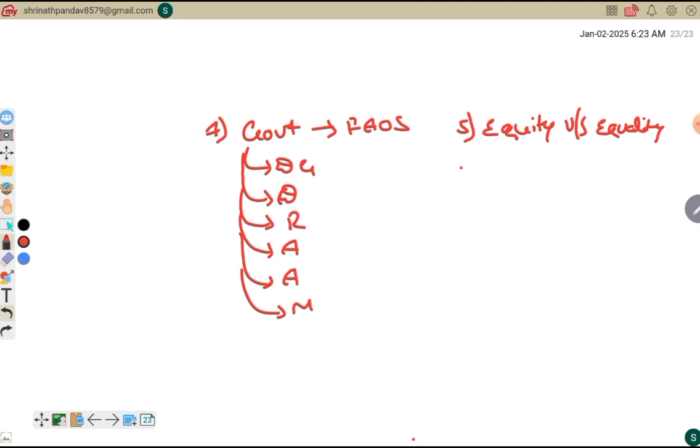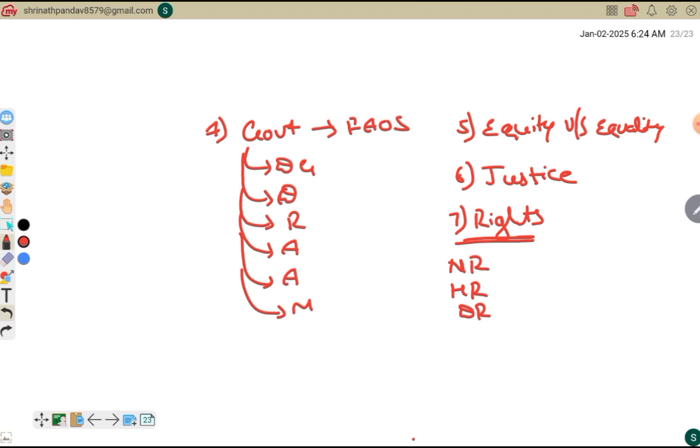And apart from this, the various keywords discussed include equity versus equality, then justice. Here we have seen procedural justice and substantive justice. Then come the rights, and here we have seen the various rights, for example natural rights, human rights, divine rights, legal rights, moral rights, and fundamental rights.